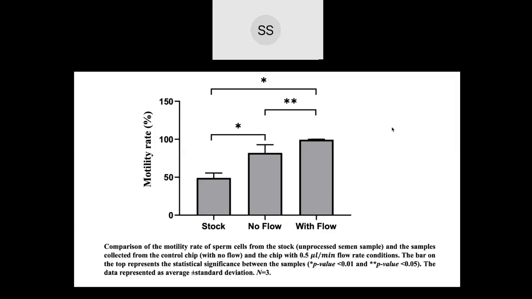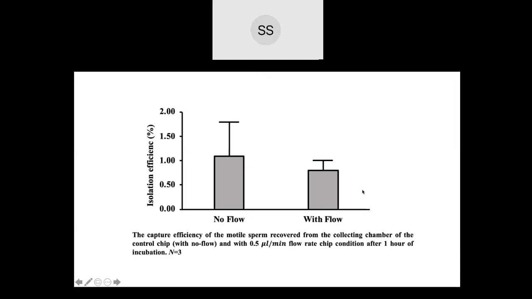As we can see from the graph, the sample with flow contained 100% motile sperm cells, and with no flow, many dead sperm cells were observed, and the stock contained more dead cells than alive ones. So this chip was able to isolate 100% motile sperm cells.